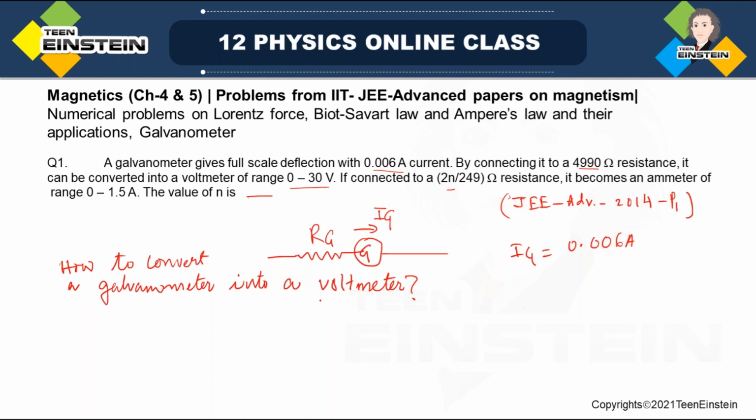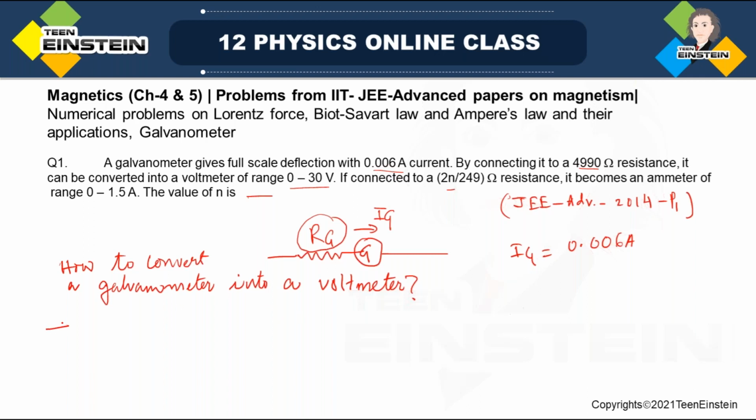This is what we need to know first, and from there you will be able to find out this RG. Okay, what is that RG? We will be able to find out. RG means the galvanometer resistance, or internal resistance of the galvanometer.